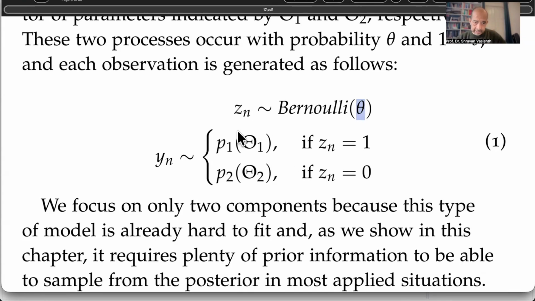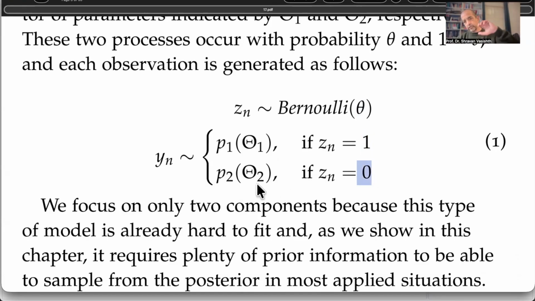And so this indicator variable, if it's a Bernoulli, you'll get a 1 or 0. That tells you whether we're getting data from here or from here. So if z in the nth trial happens to be 1, then we're getting data from this distribution. If z in the nth trial happens to be 0, then we're getting data from this distribution.